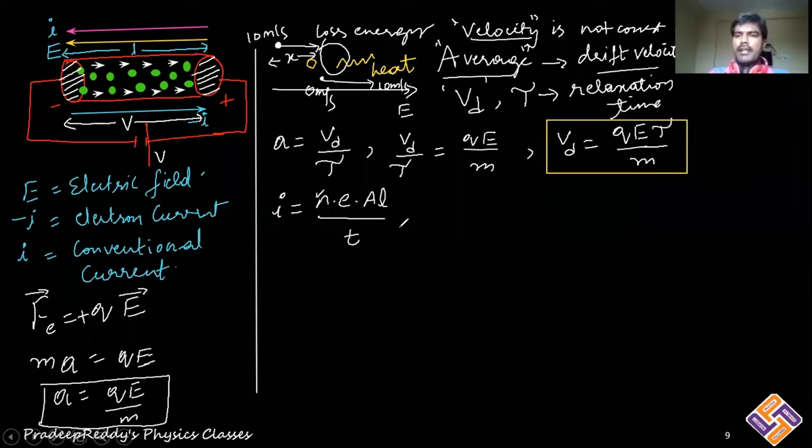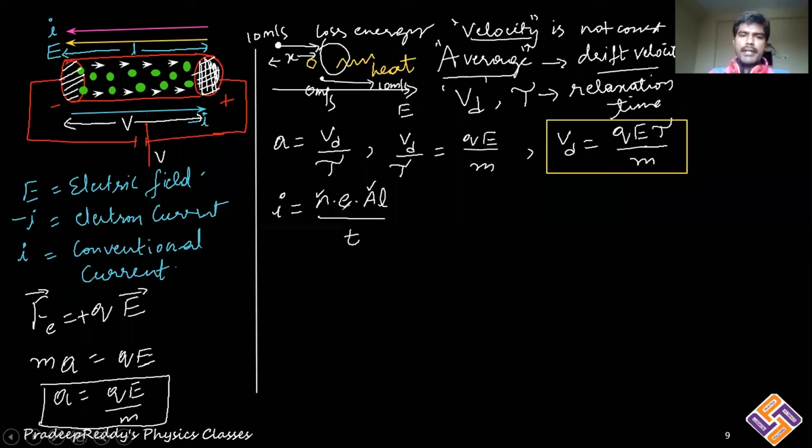E is the charge of each electron, so the charge flowing through per unit cross-sectional area is nE. Area of cross-section we represent with A, the total area of cross-section through which this charge is flowing. L is the total length of the conductor through which electron charge is flowing.